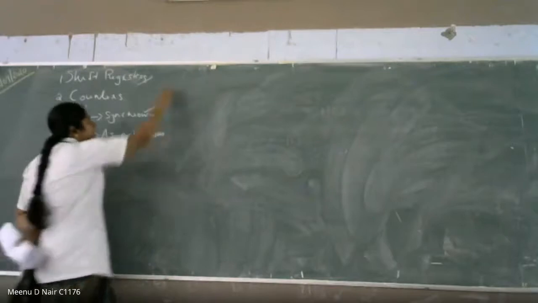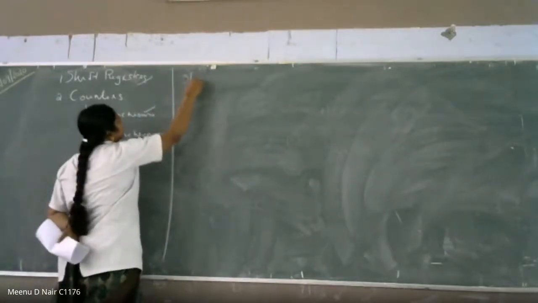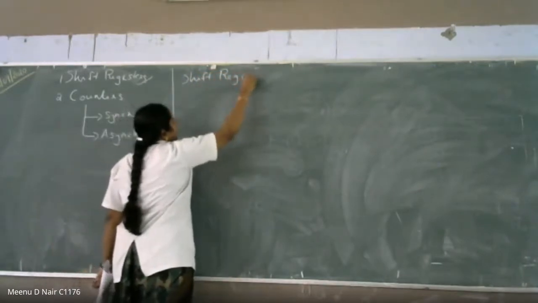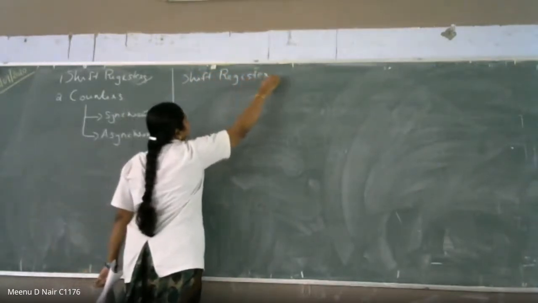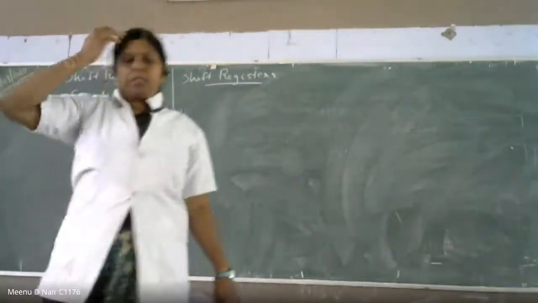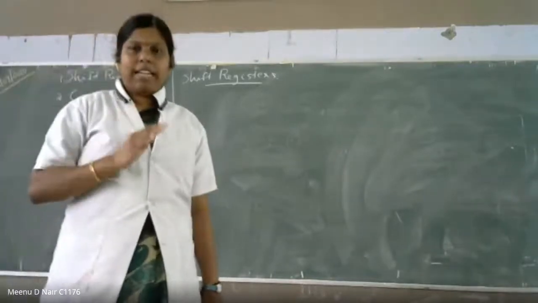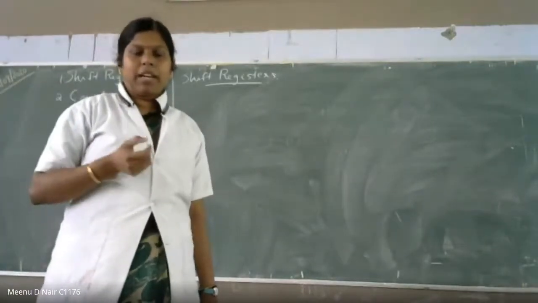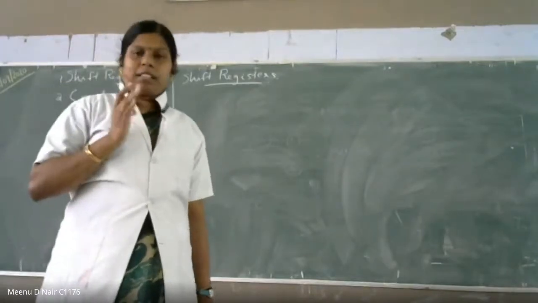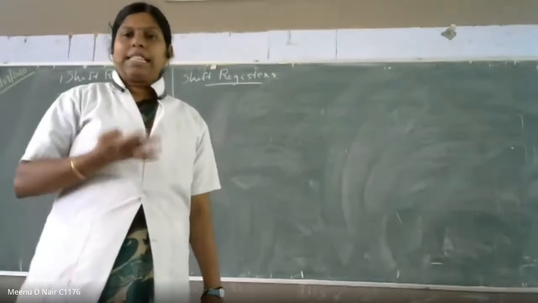So we'll see what you mean by shift register. The purpose of a flip-flop is to save data. It acts as memory because it has to save data. So a register is nothing but a flip-flop used for saving data.